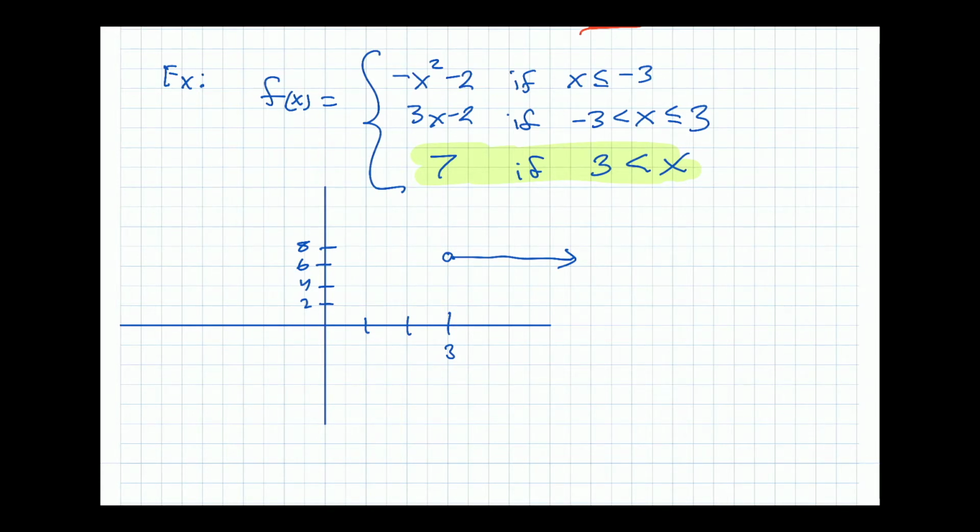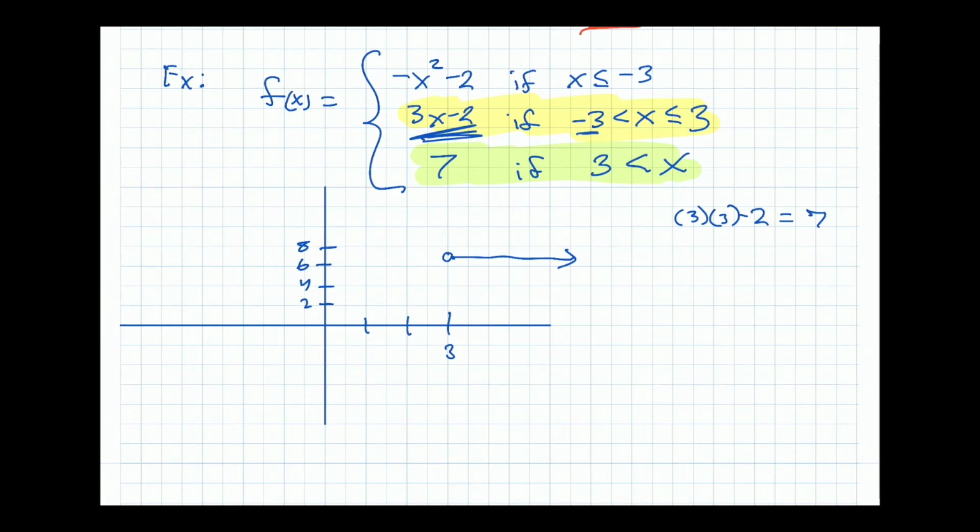Then you've got to graph the next piece: 3x minus 2 if x is between -3 and +3. If you plug a 3 into this piece right here, you get 3 times 3 minus 2, which is 7. And let's put in the -3 as well.